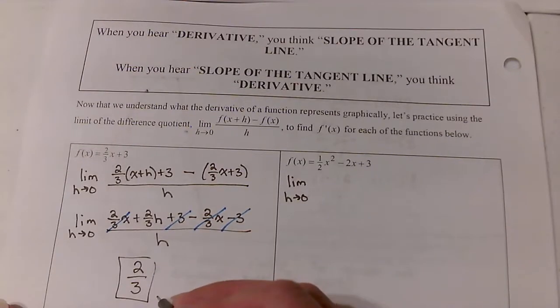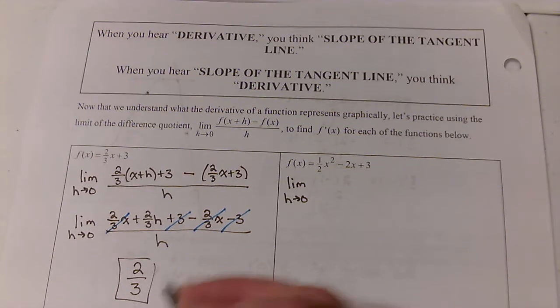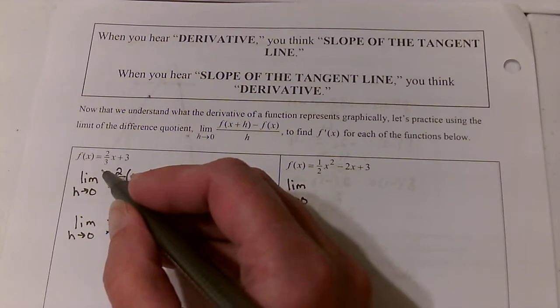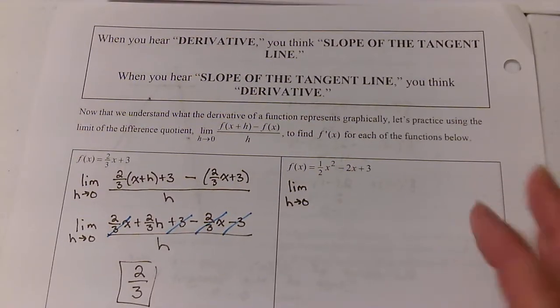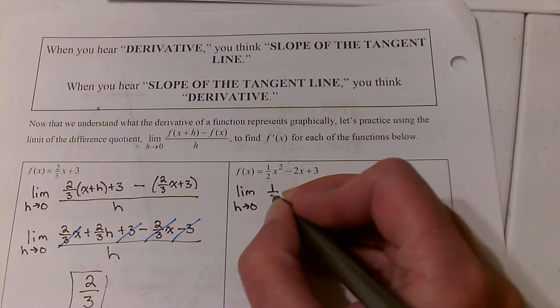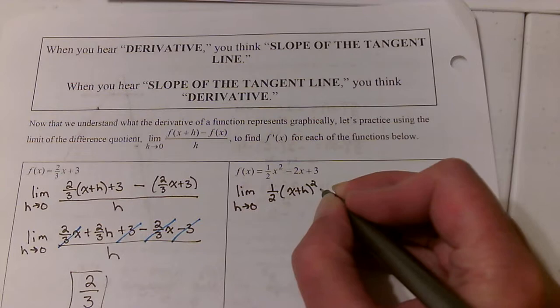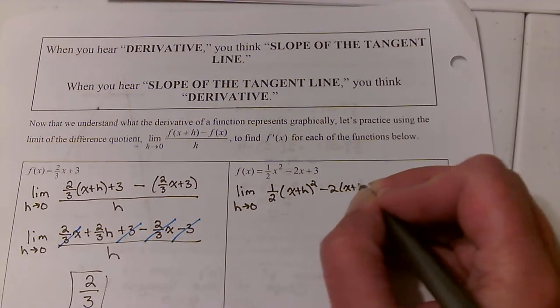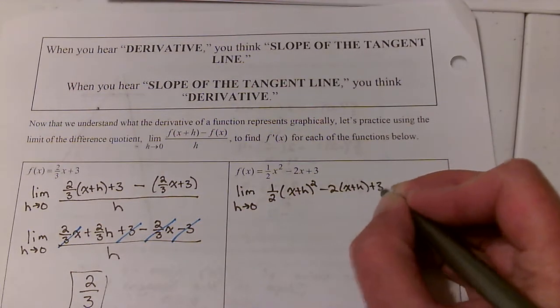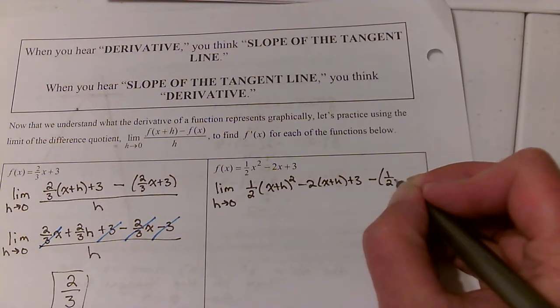And that's interesting, isn't it? That the slope on this one is constant. Oh, it's a line. That makes sense. Slope is constant on a line. All right, so we got x plus h squared minus 2 times x plus h plus 3 minus the original function.